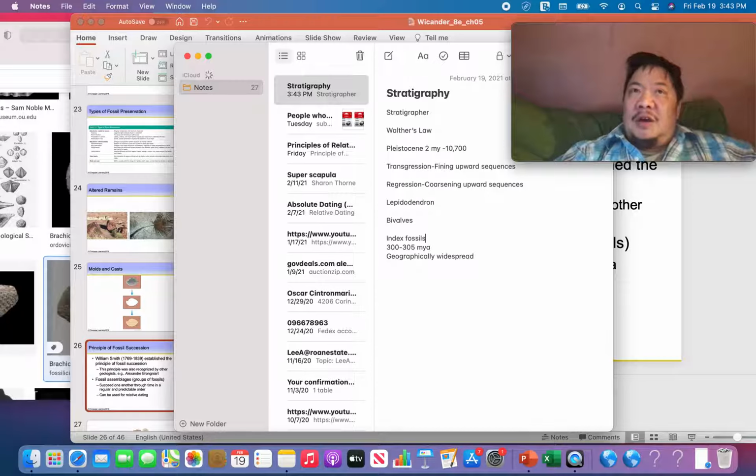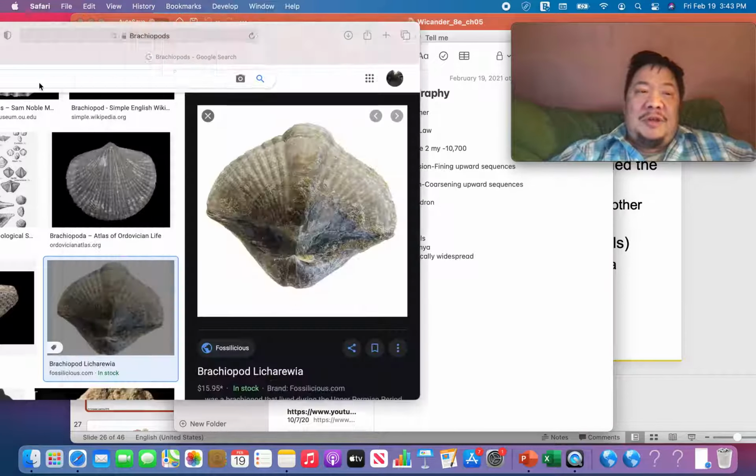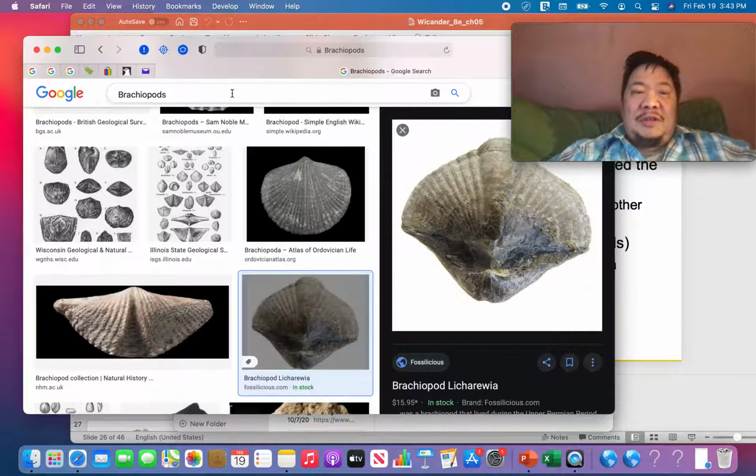Index fossils are gold to geologists because if you want to figure out how old a rock is, I mentioned to you before that you usually can't do that unless you have igneous rocks. And then you have to find radioactive isotopes in them. And then you have to use expensive machines called mass spectrometers to count parent and daughter isotopes.